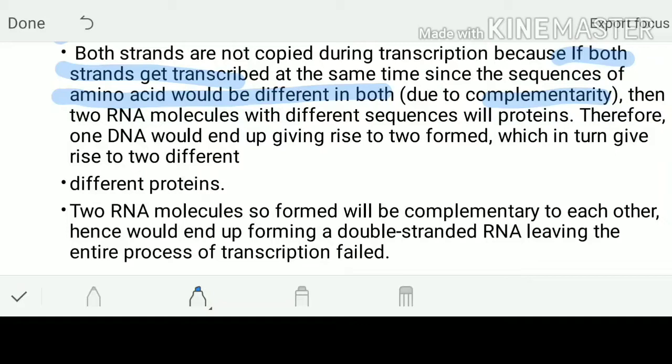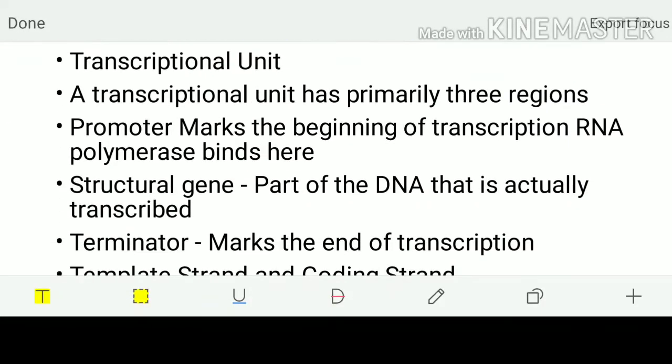And one more thing, there will be two RNA molecules formed, and both will be complementary to each other. At the end of the day, they will form a double-stranded RNA molecule. So basically, the transcription process will fail. That is why only one strand of the DNA takes part in the formation of the mRNA molecule. Hopefully it is clear to you.